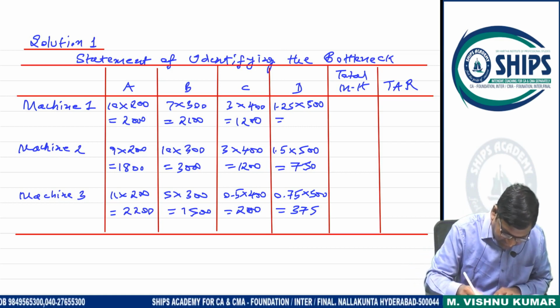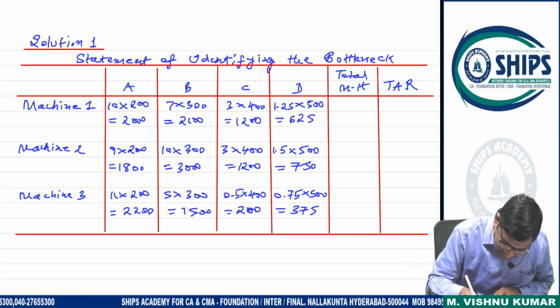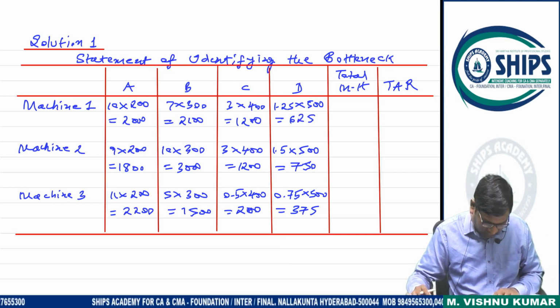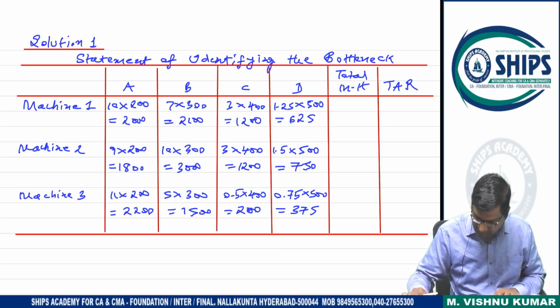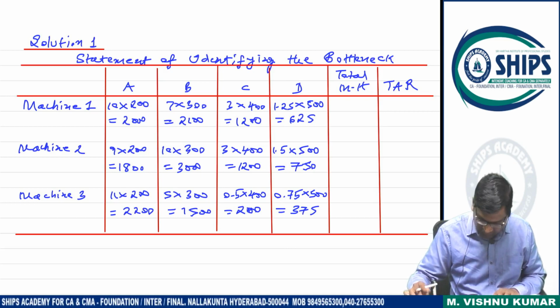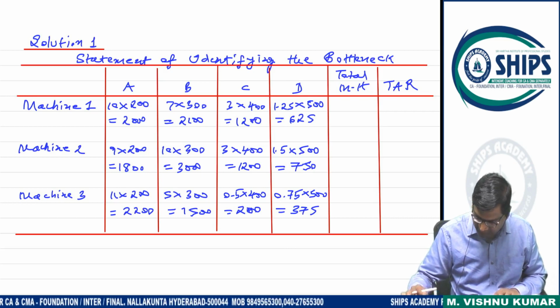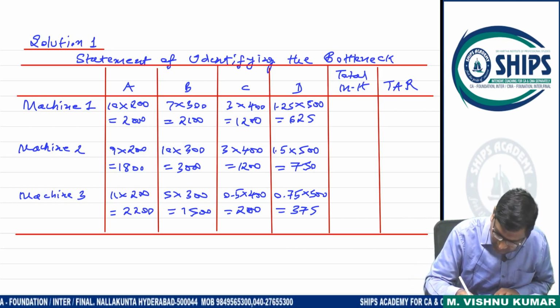This is 625. Okay, so first 2000, next 2100, 1200, 625. So 5925.